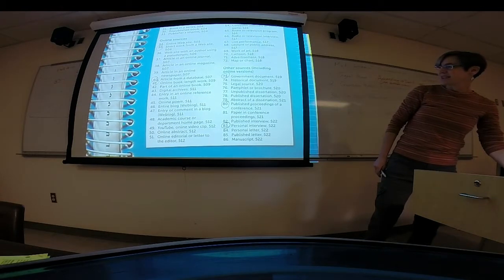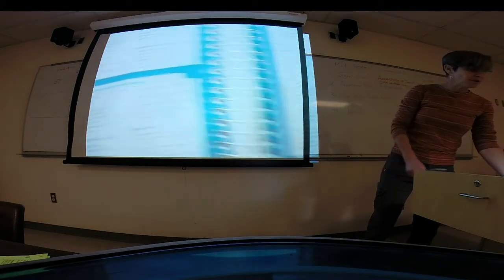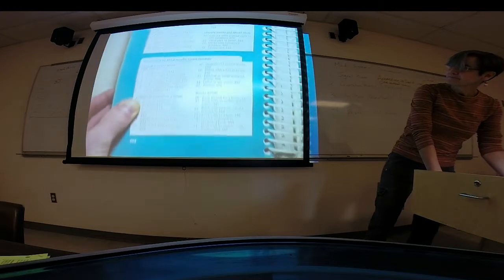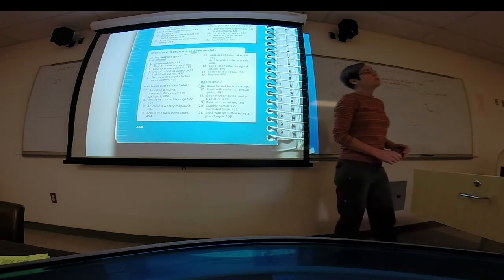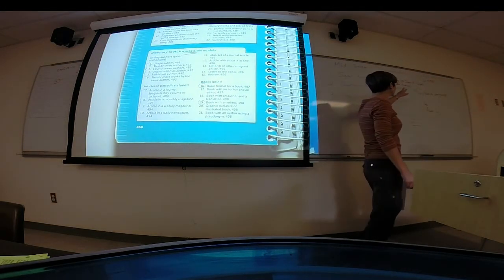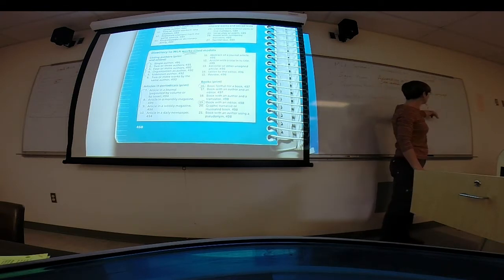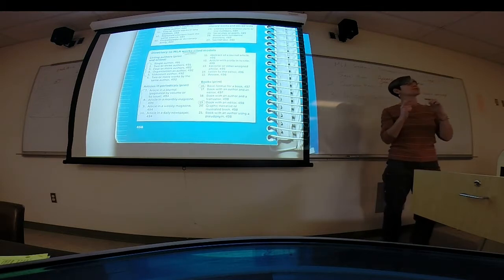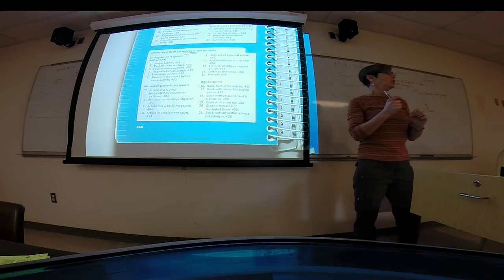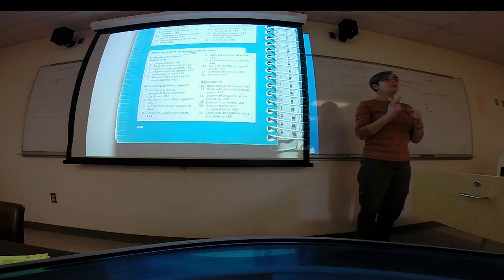So here's the one trick with MLA. When you're integrating a source, you need to have in your signal phrase and or your parenthetical citation the piece of information that comes first in your works cited entry. What is usually the last thing you work on when you're writing a research paper? The works cited page.